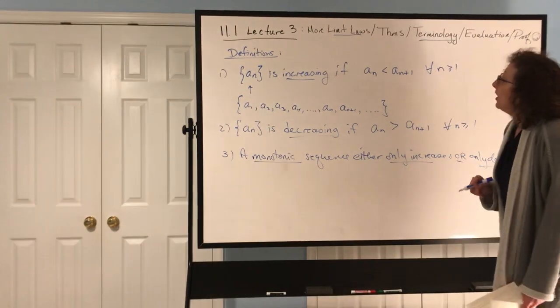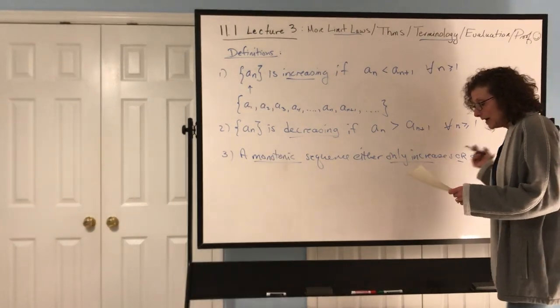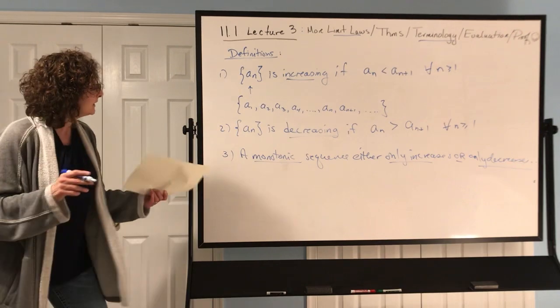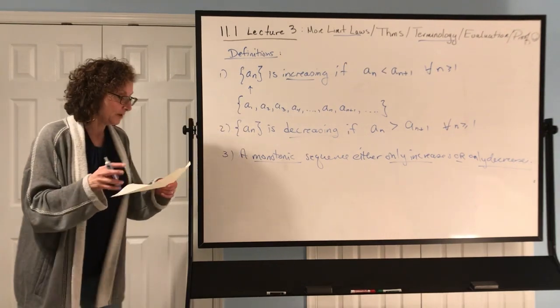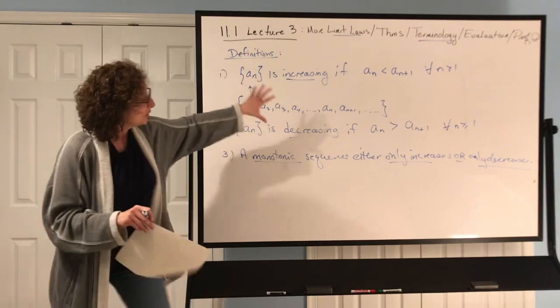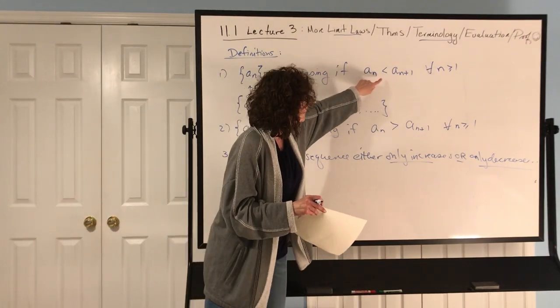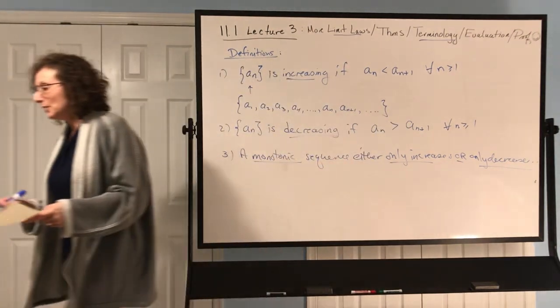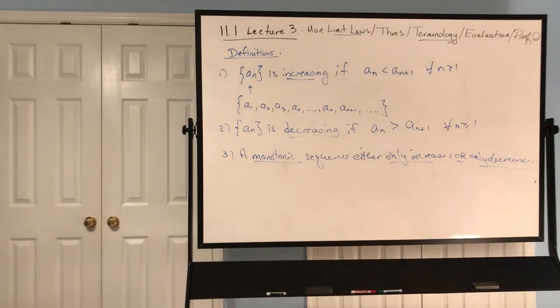Okay, so your book does an example, and I want to look at testing. There are a couple of examples of testing sequences with these conditions for increasing and decreasing. So I want to do a slightly different version.